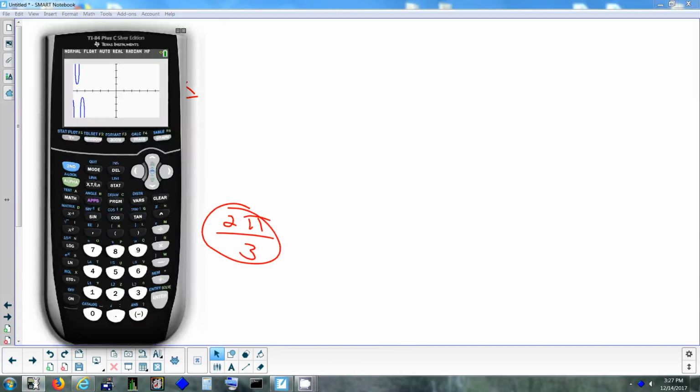Okay, so range, highest and lowest. Does it look like it's going down forever? Yeah. How about up forever? On the top part, yes, it goes up forever. Does it hit every value in the middle? No, there's a gap where it never hits anything. So we go from negative infinity up to, how high does that point go?